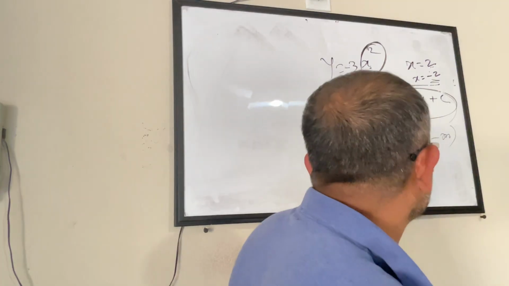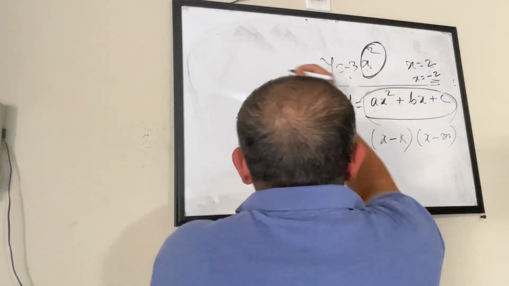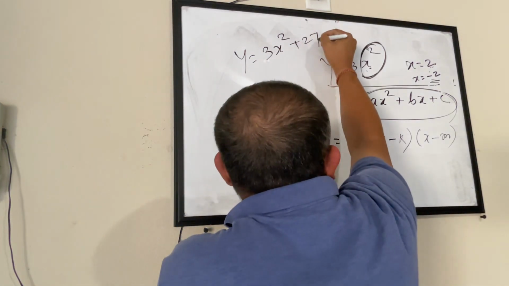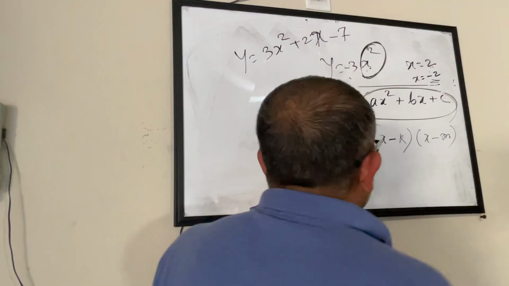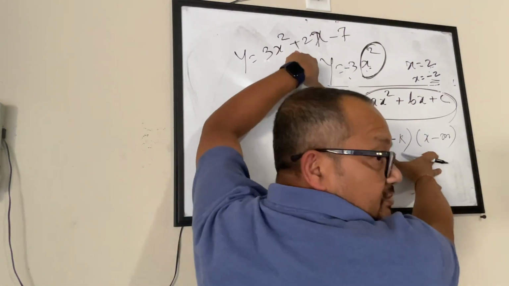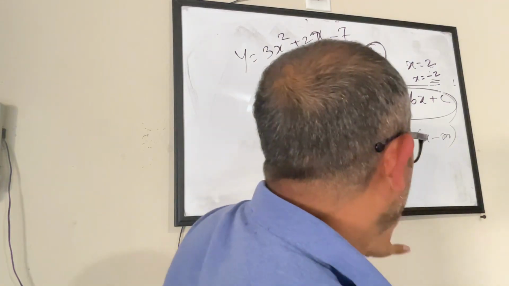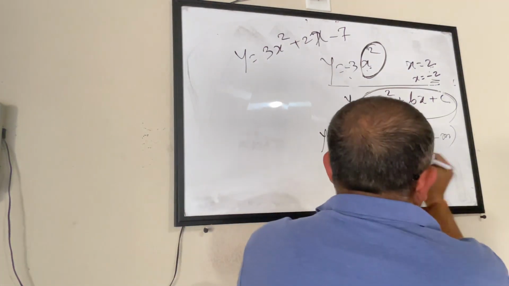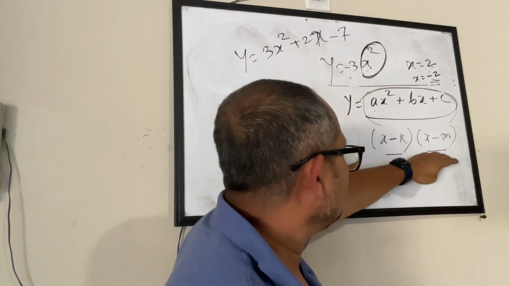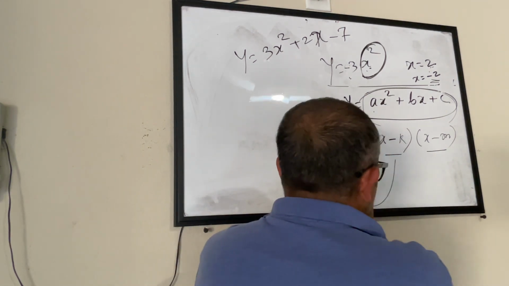Let's say this factor doesn't exist. If you look at the initial equation that I was talking about, 3x squared plus 2x minus 7, if I convert this into this form, then that also tells you the 2 points where it intercepts the x-axis.